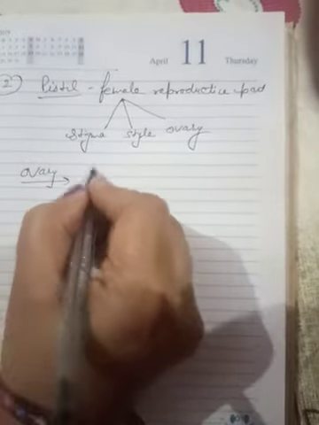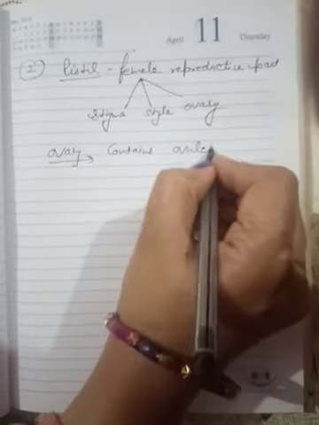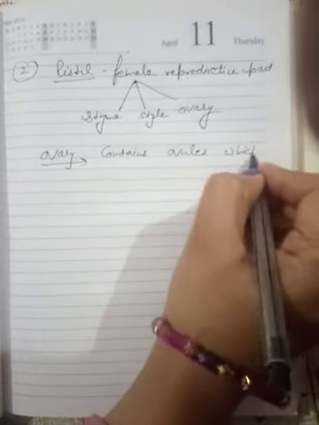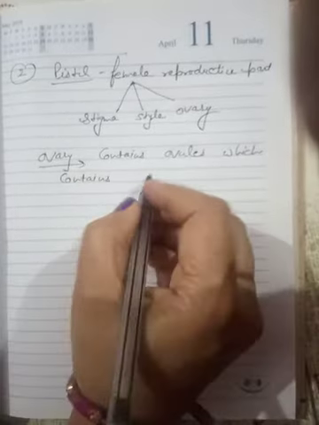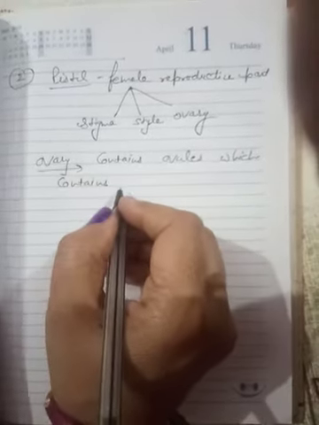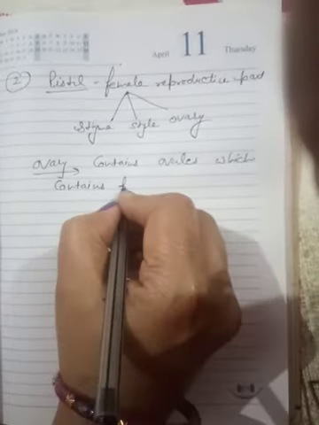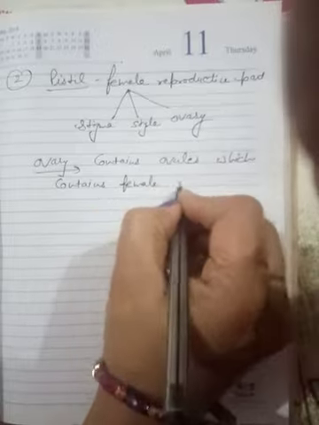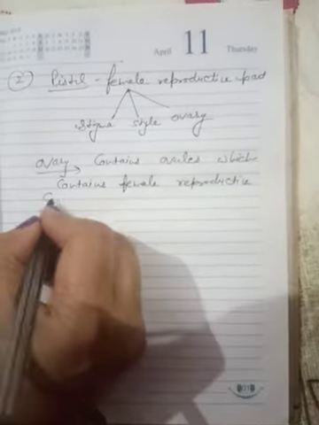Ovary contains ovules which contain female reproductive cells.